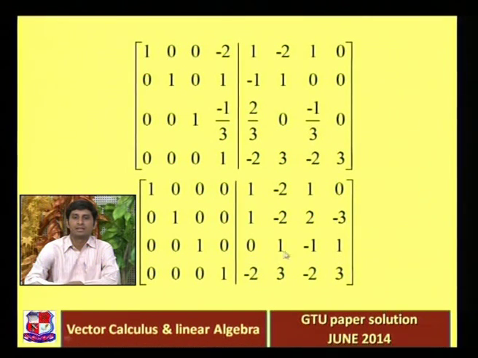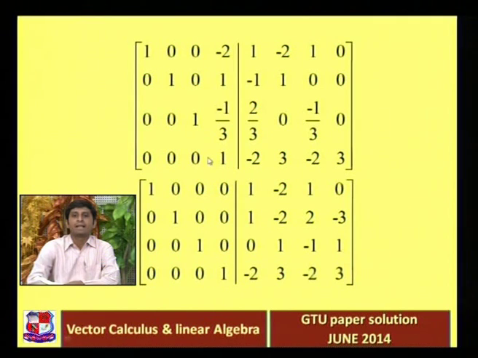So these elements are now 0 1 -1 1. Then also we are multiplying the fourth row with -1 and adding into the second row, so -1 plus 2, 1, then 1 minus 3, -2, then 0 plus 2, 2, 0 minus 3, -3, also 1 minus 2.